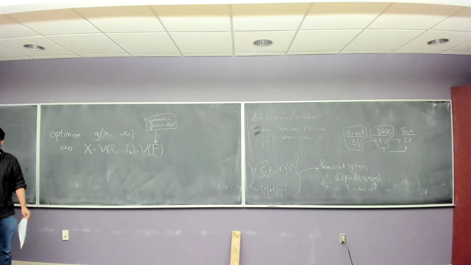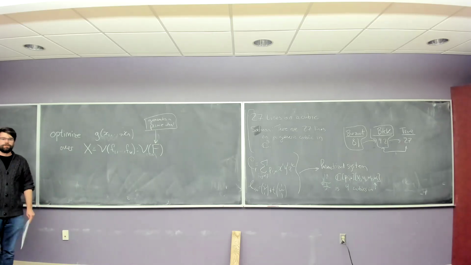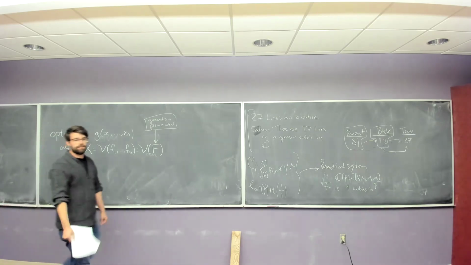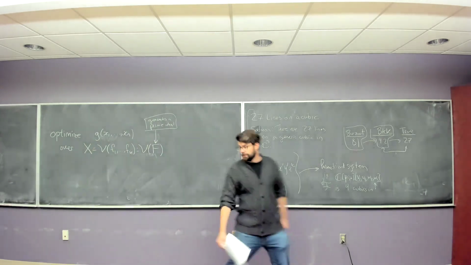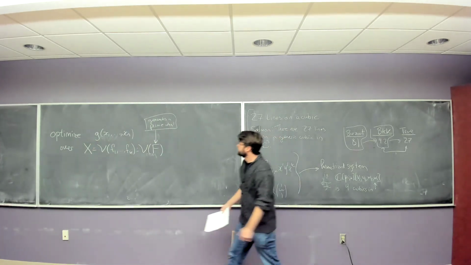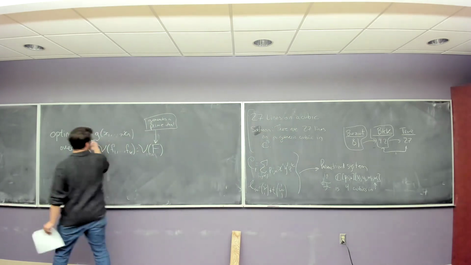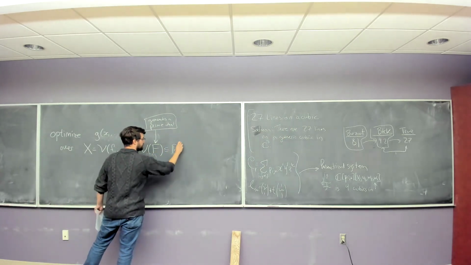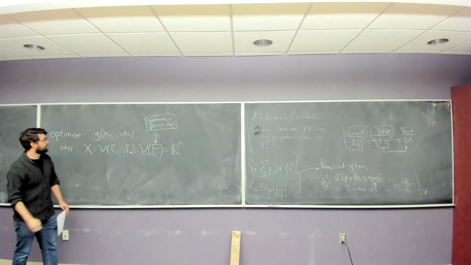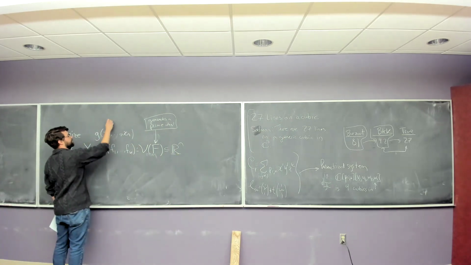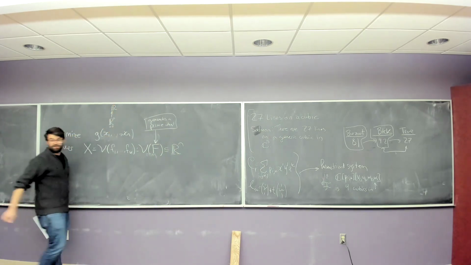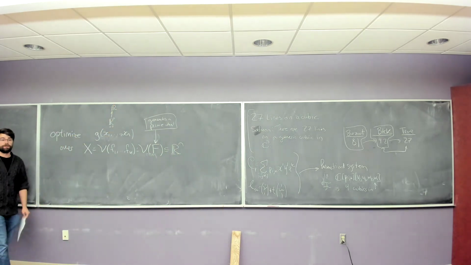Okie doke. Optimize. What the heck does that mean? Well, minimize or maximize. Think about this as actually being some real part of an algebraic variety, so I can talk about maximizing.